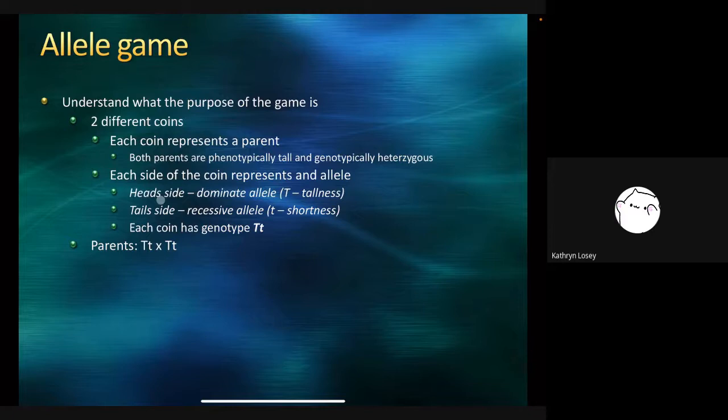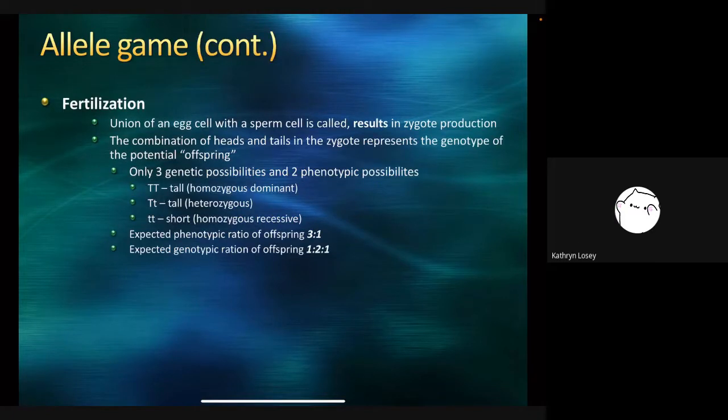Fertilization is the union of an egg cell with a sperm cell, which results in zygote production. In this case, fertilization is a combination of heads and tails in the zygote, which represents the genotype of the potential offspring.